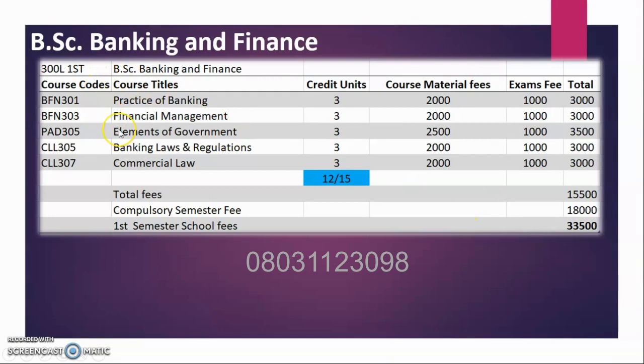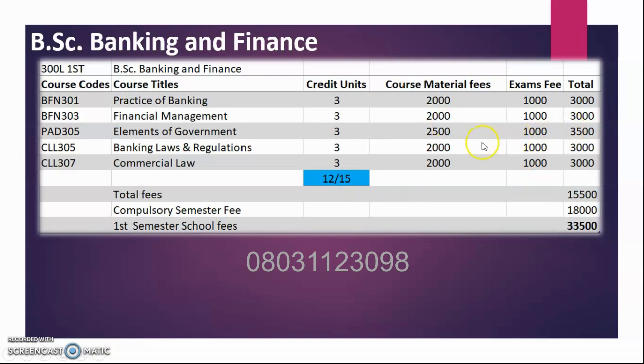Then 300 level first semester. These are the courses you have to take, but out of these you are required to pass 12 units, which means about 2 courses here are elective and only 1 is the major requirement. Usually 1 elective per semester.